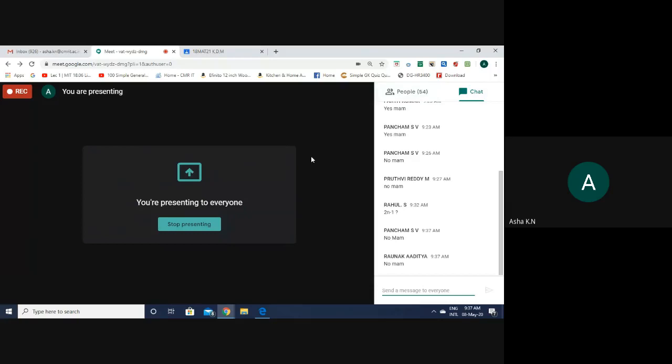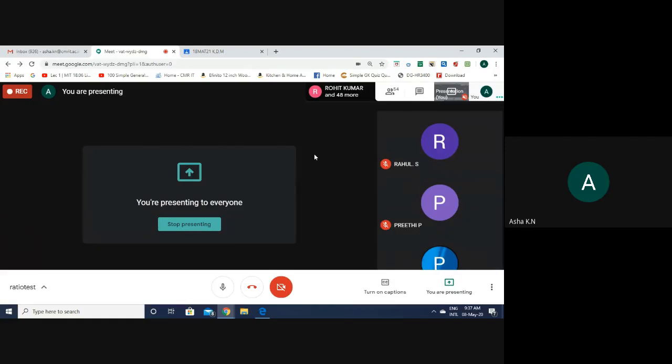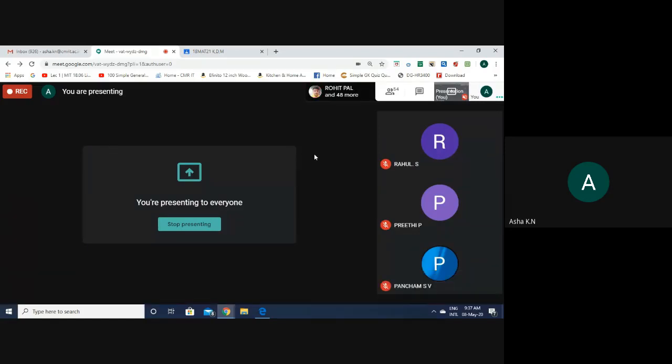Rahul is asking 2n minus 1. Yeah, as I said, if it was starting with 1, it would have been 2n minus 1. Since it is starting with 3, it is 2n plus 1. The formula for nth term of an arithmetic progression is a plus n minus 1 into d, right?